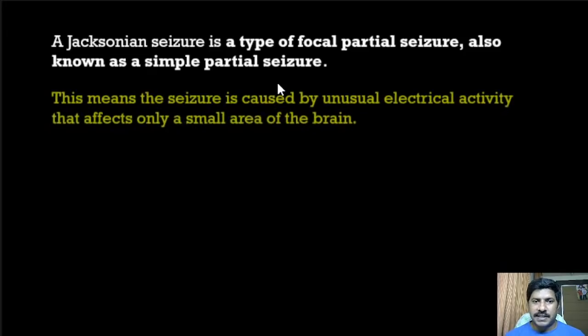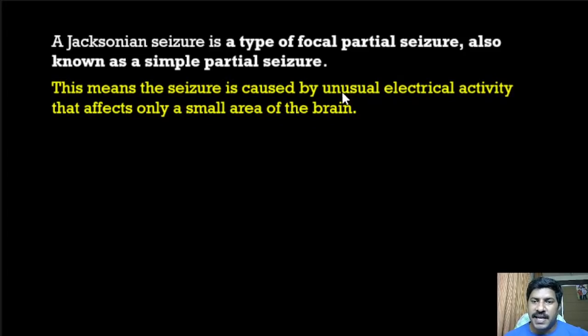Generalized seizures mean both hemispheres are involved. A Jacksonian seizure is a simple partial seizure, caused by unusual electrical activity that affects only a small area of the brain. Abnormal electrical activity starts in a small part of the brain.